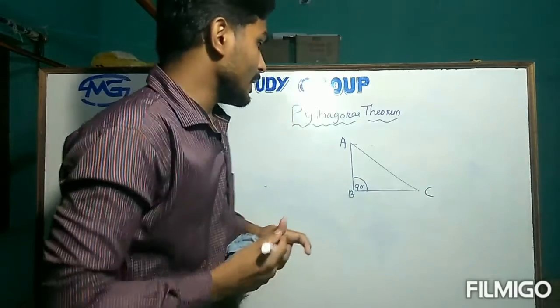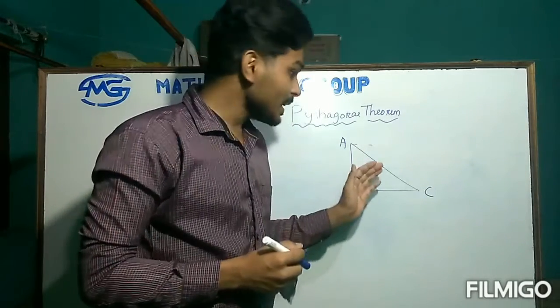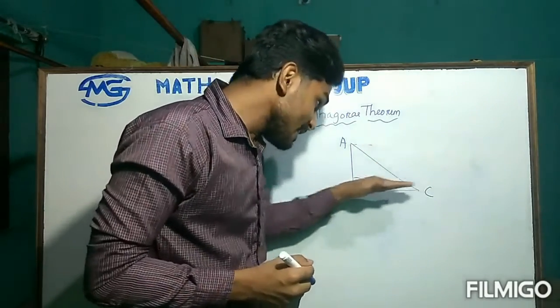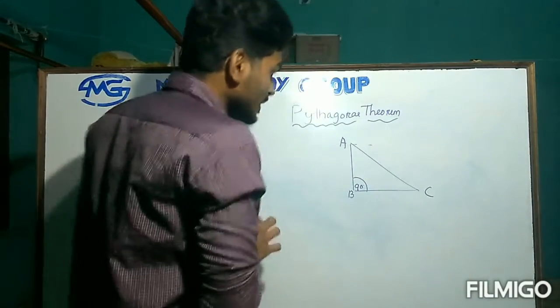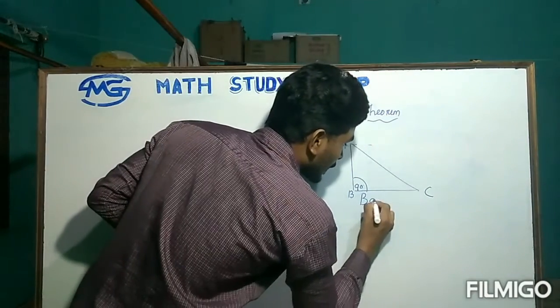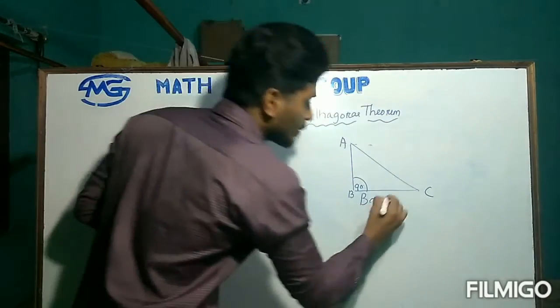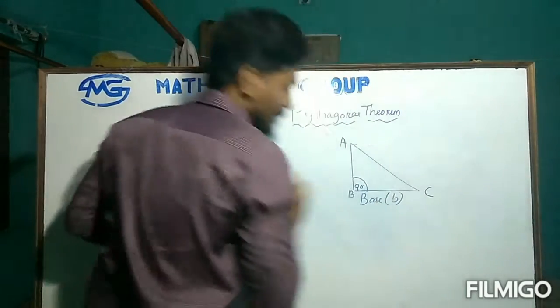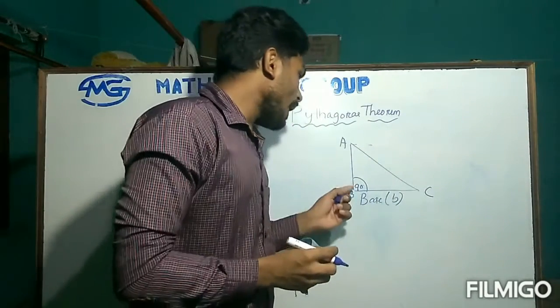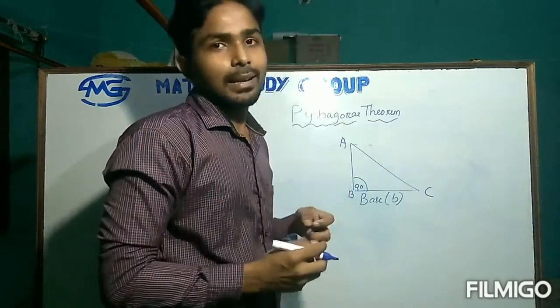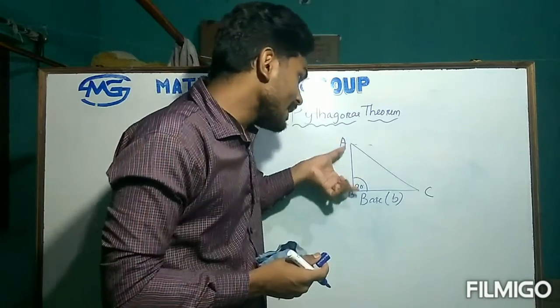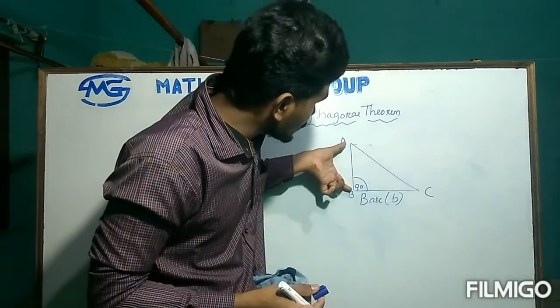Okay, done. Then as we know, in a right angle triangle, the base part or the lower part is known as base. It is abbreviated as small b. Then the part which is projected upward is known as height. This is the height portion.